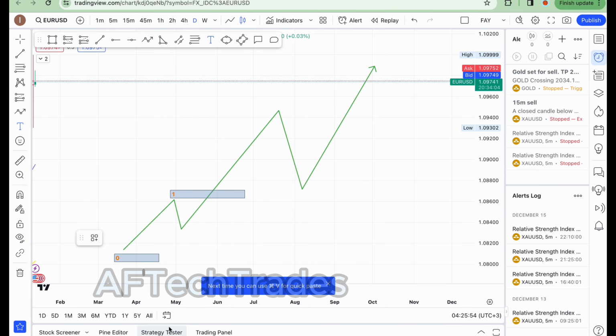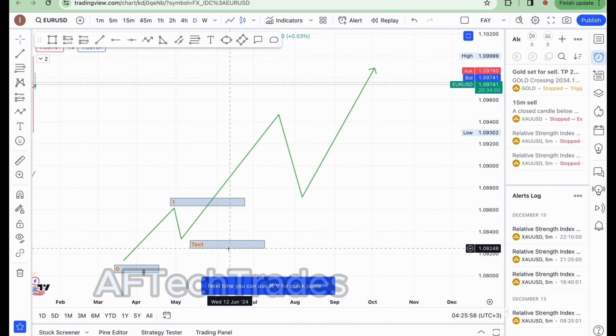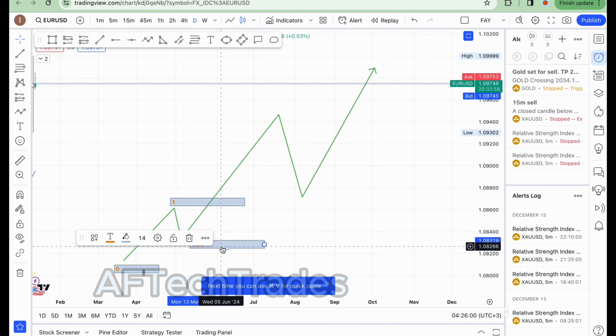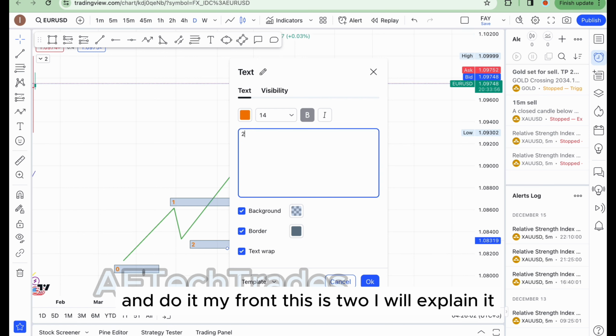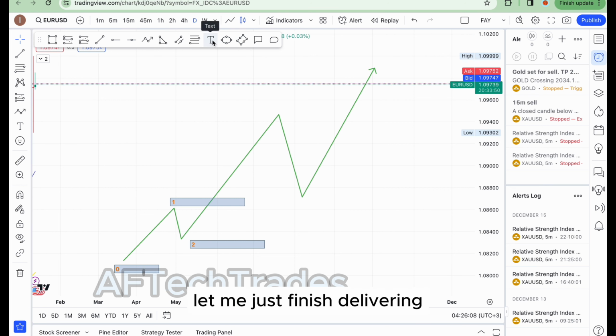This will be 2. This is 2. I will explain it. Let me just finish the labeling.